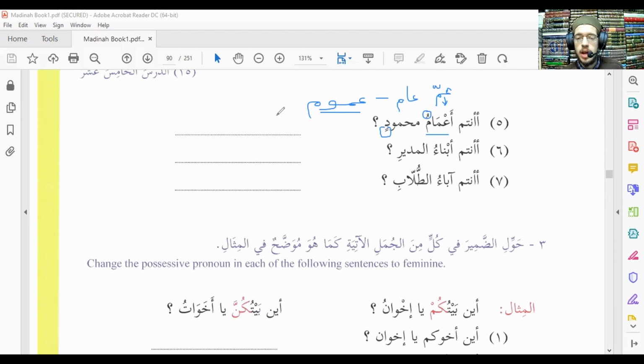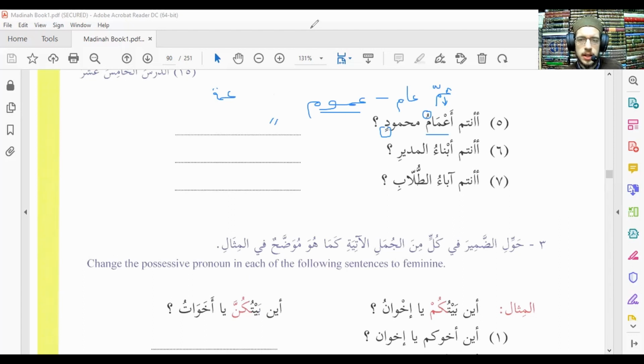Okay, so now we have to work backwards. If we want to say antunna, we're going to ask for the paternal aunts of Mahmud. And so the paternal aunt is ammatun. Something interesting is going on here where it is kind of flattening out my annotation.